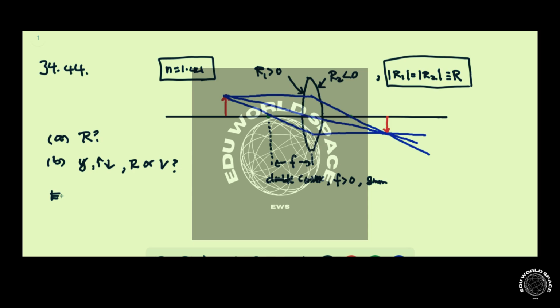We're going to use equation 34.19, which tells us that 1 over the focal length is equal to the index of refraction minus 1 times 1 over R1 minus 1 over R2.